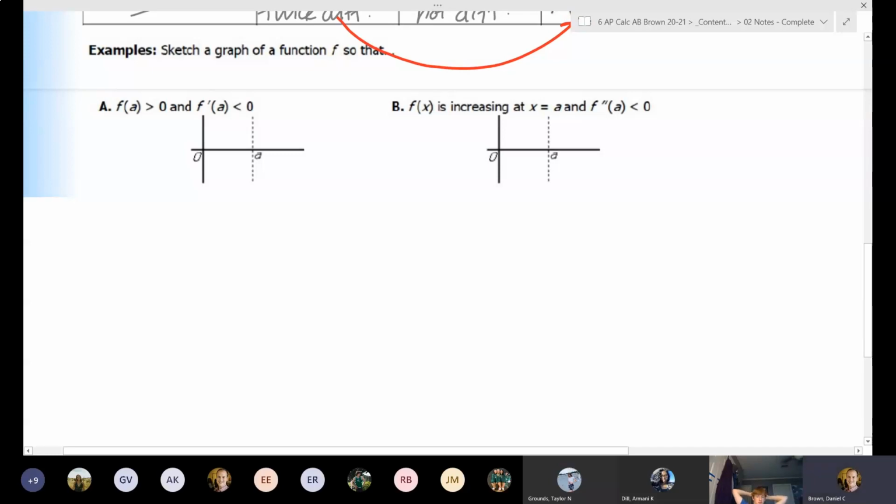Looking at example A, I have f of a is greater than 0 and f prime of a is less than 0. If I see f of a is greater than 0, what is that going to mean about my graph? Positive, so we just know that the graph needs to be above the x-axis. We don't know where, we just need to make sure that it's above the x-axis somewhere.